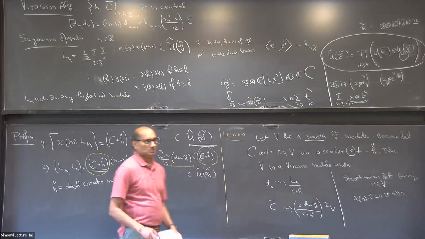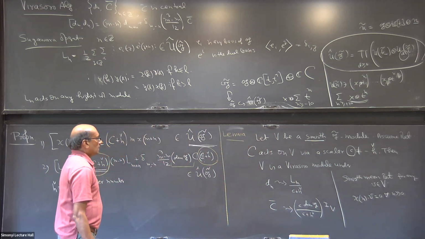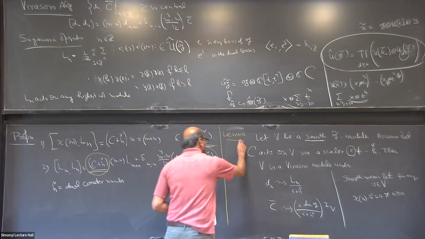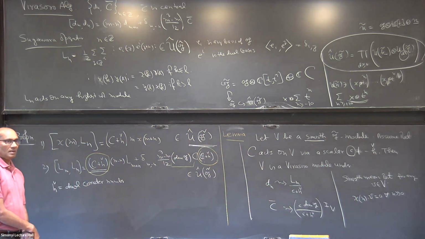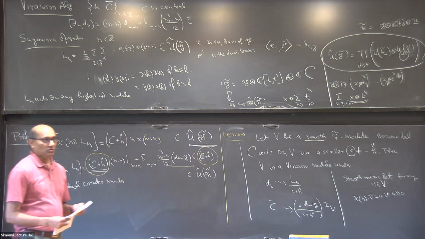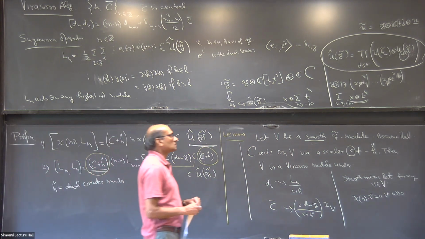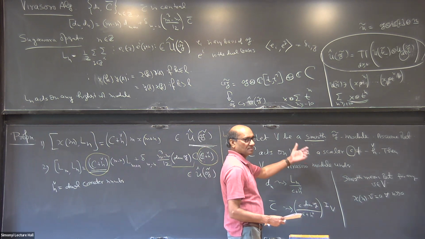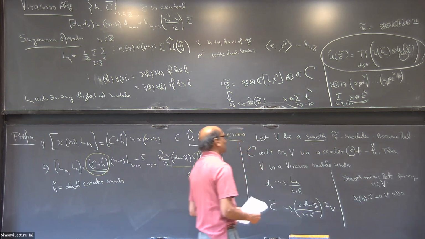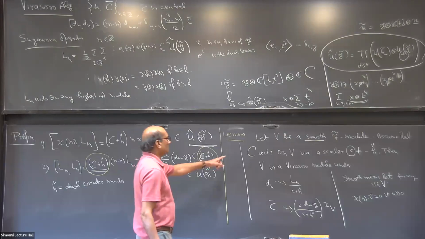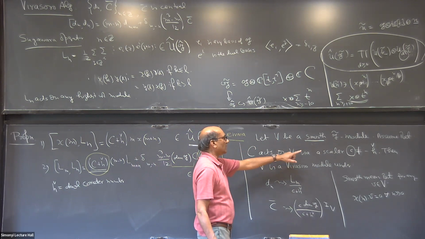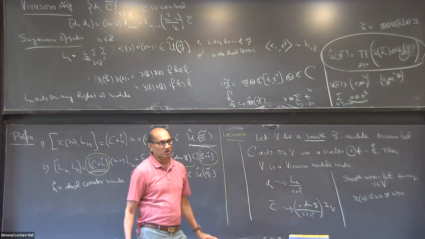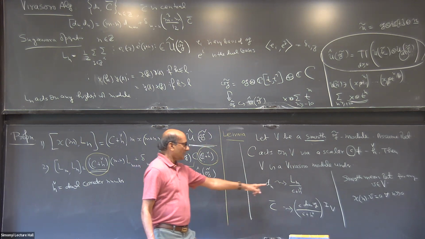That's what it means. So for example, a highest weight module is smooth, but there are other things which are not necessarily highest weight, but they are smooth. So let's assume that this central element of the Lie algebra acts on V via a scalar c different from the negative of the dual Coxeter number, because I have to divide by that.